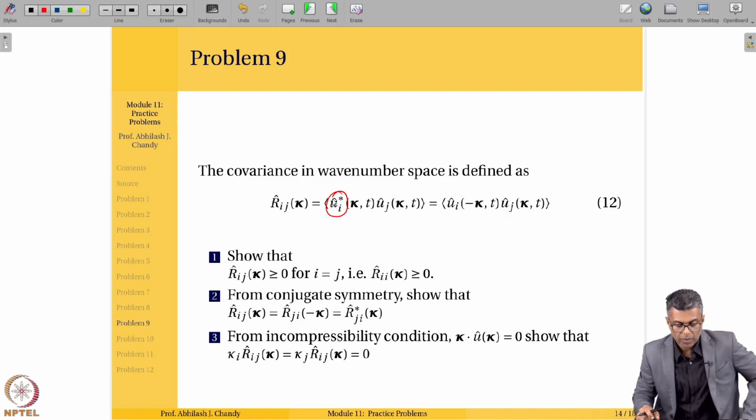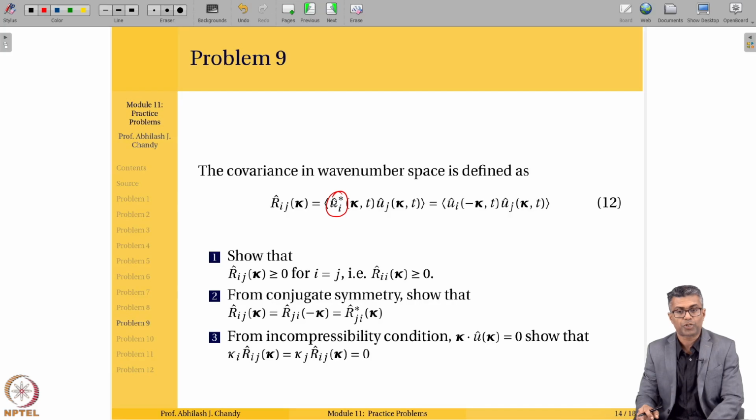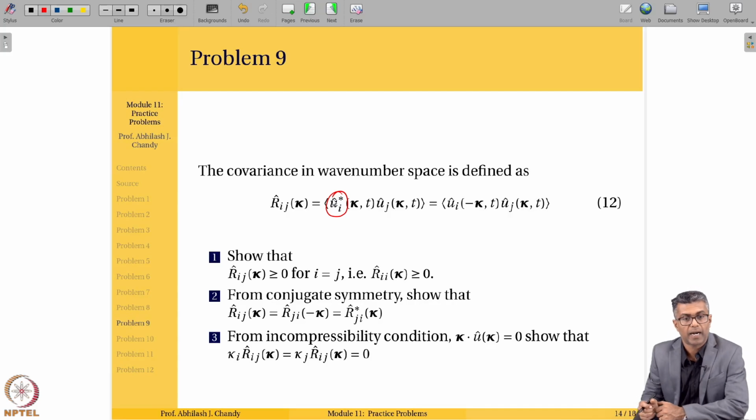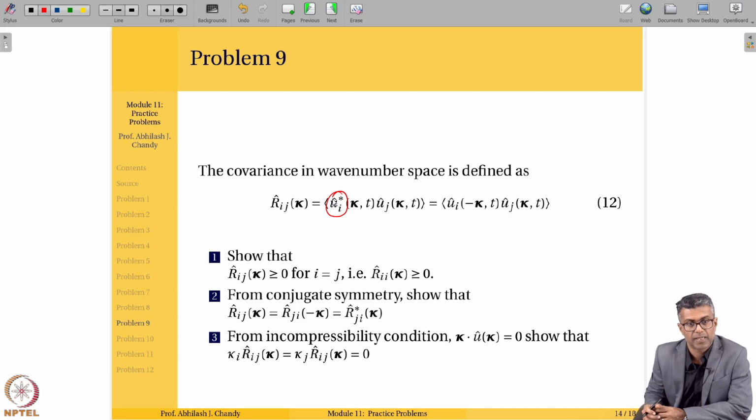Now the first part is you have to show that Rij hat of kappa, which is the covariance, is greater than 0 for i equal to j, that is Rii of kappa is greater than or equal to 0.